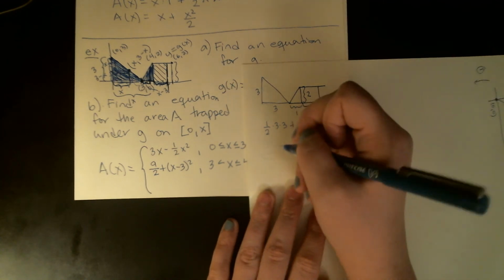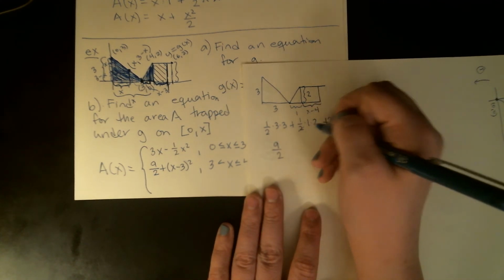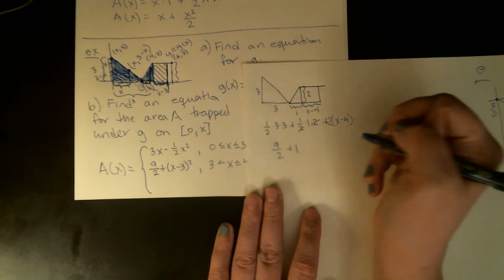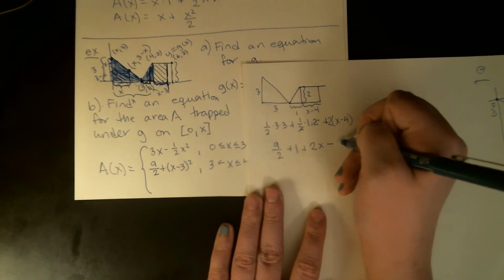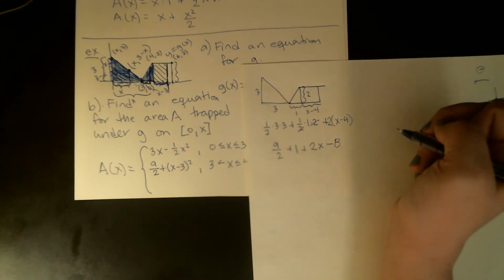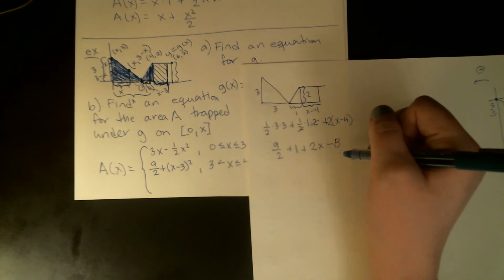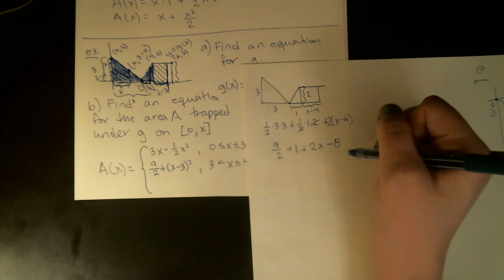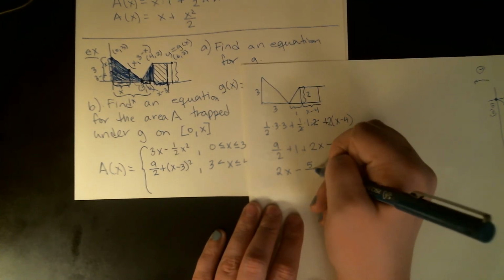So I'm just going to sneak that 2 in the front, and I can simplify a little bit. I get 9/2, this just cancels out, plus 1, plus, I'm going to go ahead and distribute here because I think this will combine nicely, 2x minus 8. Okay, so let's see. What do I have? I have 4.5, 5.5, minus 8, so negative 2.5, which is 5/2.